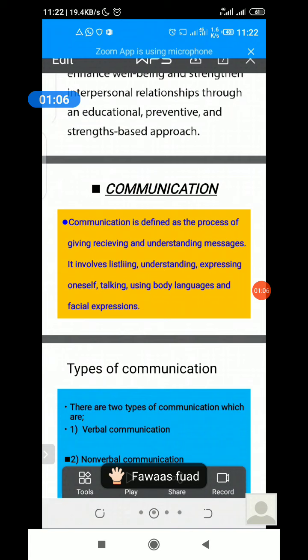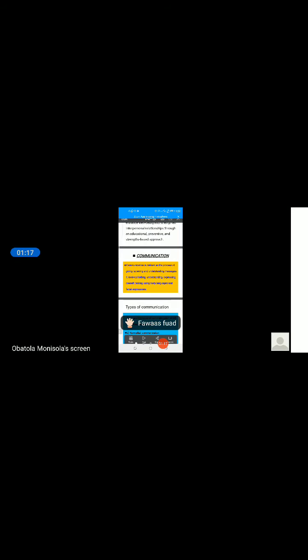Communication, like we have in the definition, can be done by listening. When someone is talking to you and you're listening to the person, and you're able to understand what the person is telling you, it means there's communication between you and the person that is giving you the information. For instance, now you can see I'm teaching you.